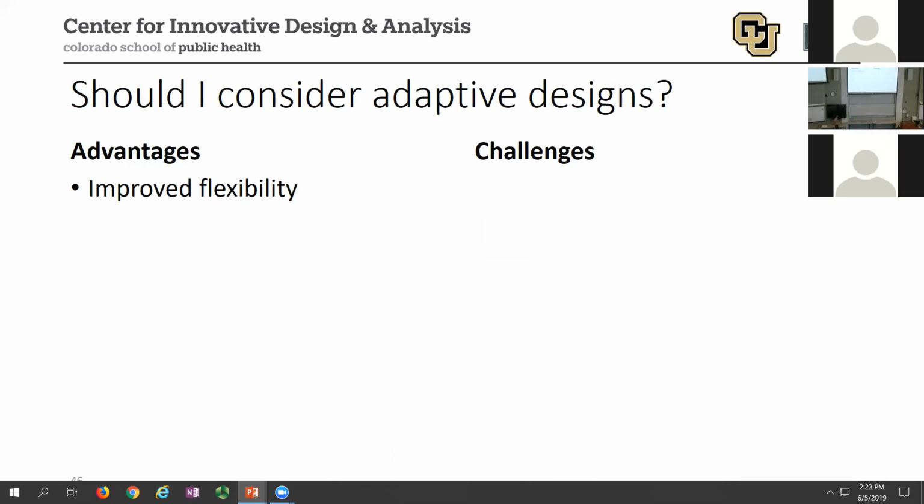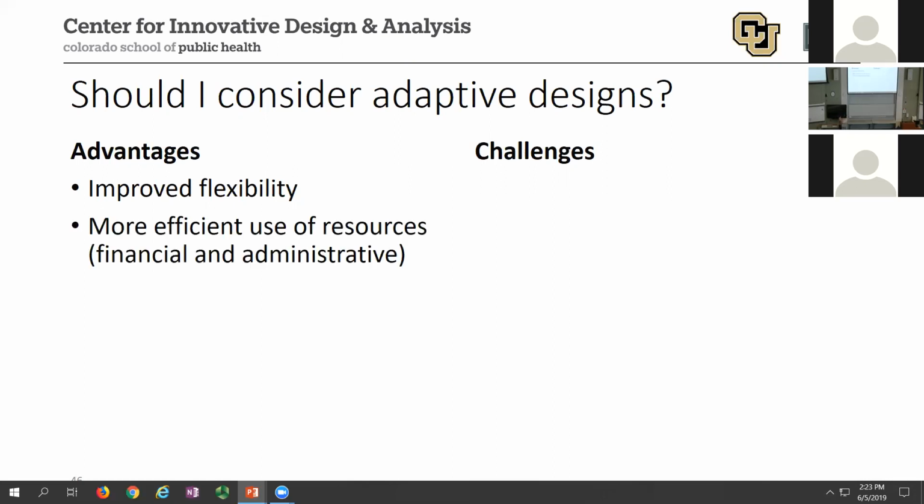One advantage, and the really big one, is the increased flexibility. You're no longer stuck with what you designed in advance and can't change because you didn't plan to change it. You have a lot of flexibility to incorporate uncertainty. There's also the potential for more efficient use of resources, both financial and administrative, depending on if you're doing seamless designs or including multiple treatment arms in a shared control versus a series of standalone trials.